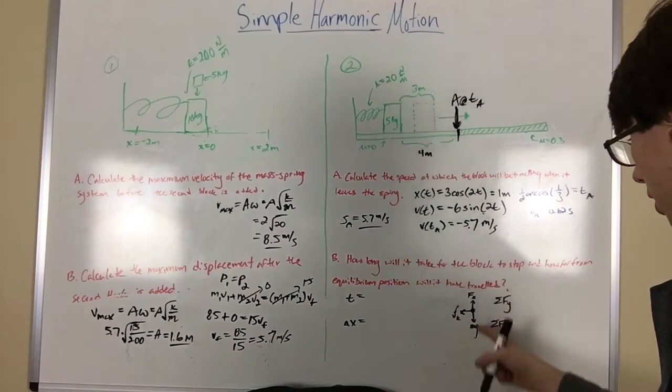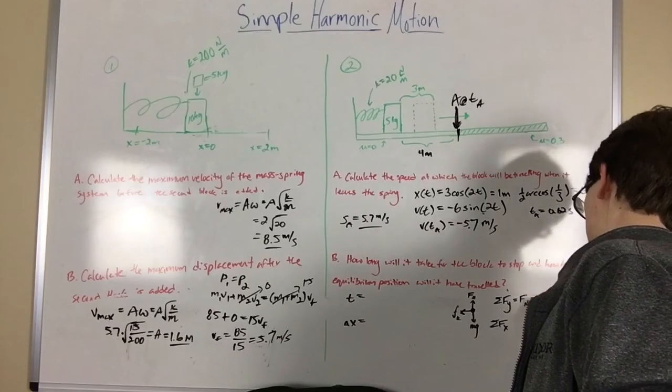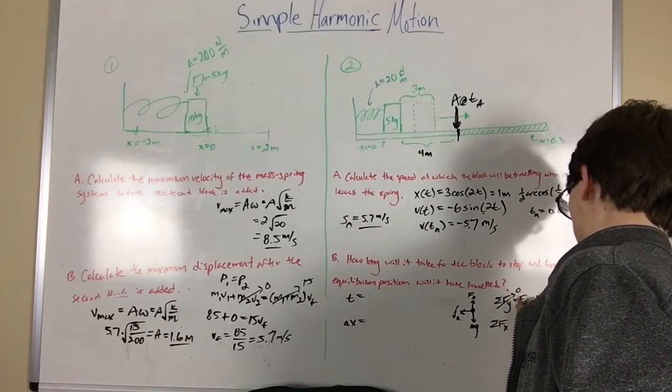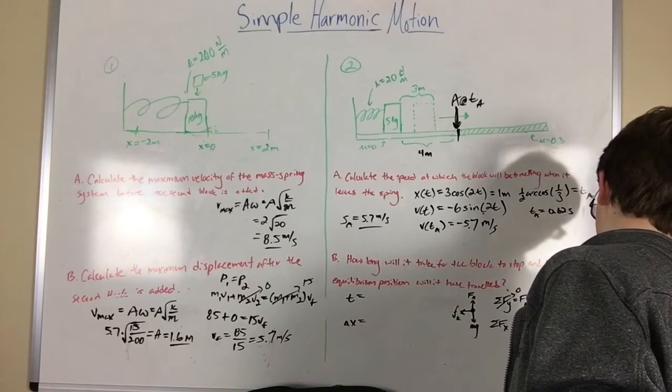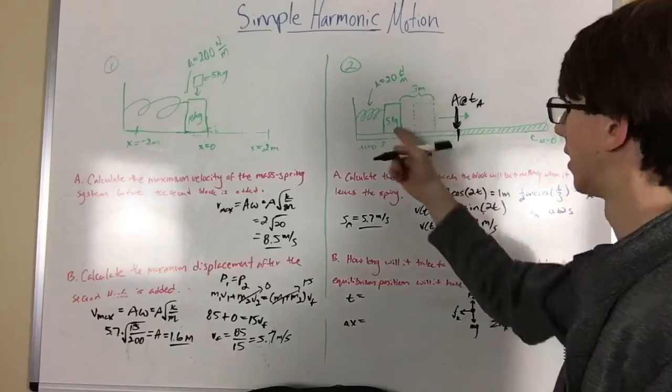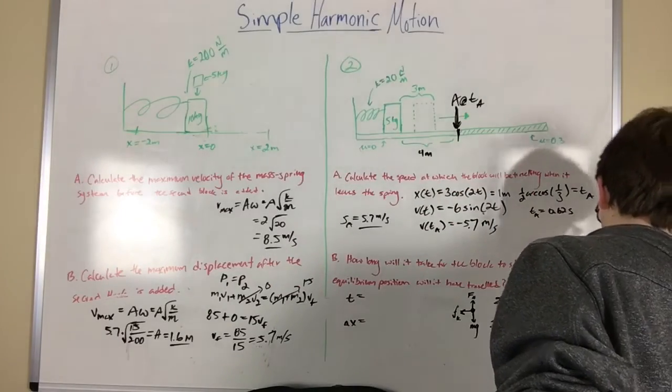So the sum of y forces is just Fn minus mg, the normal force minus the weight. Because it's not accelerating upwards, this is 0, and so that means the normal force is equal to the mass times gravity. The mass is 5, gravity is 10, so that's just 50 newtons.